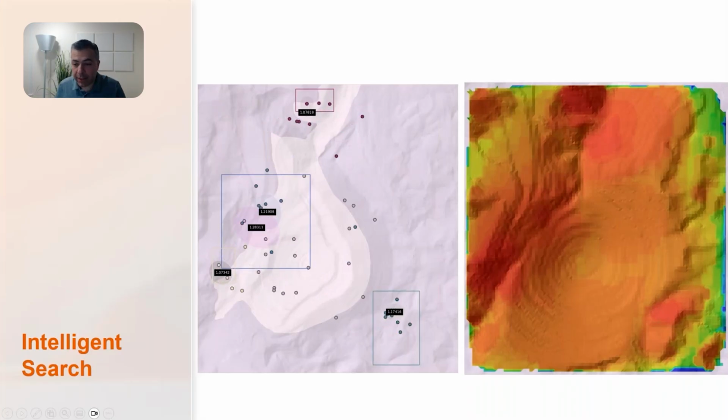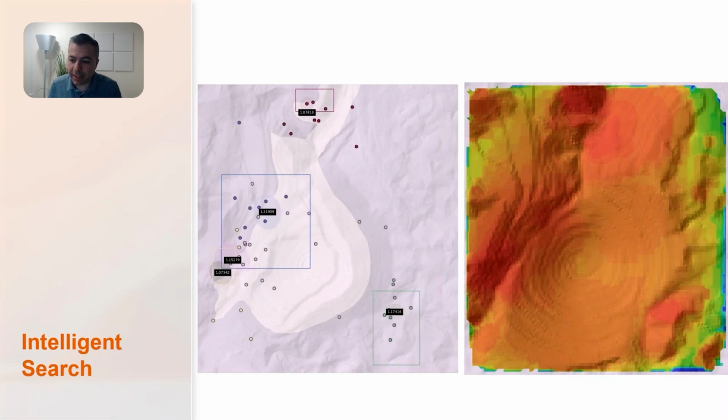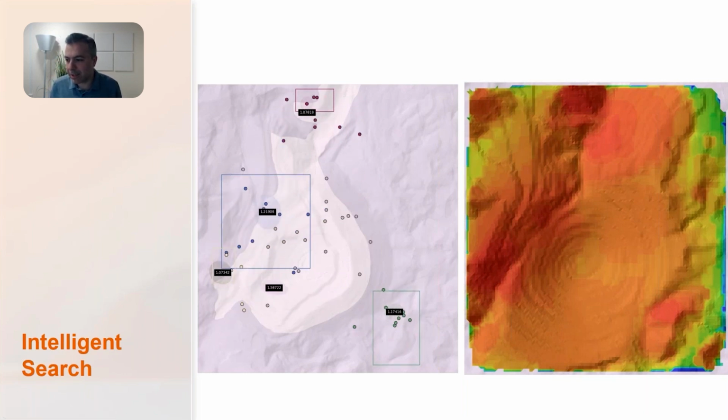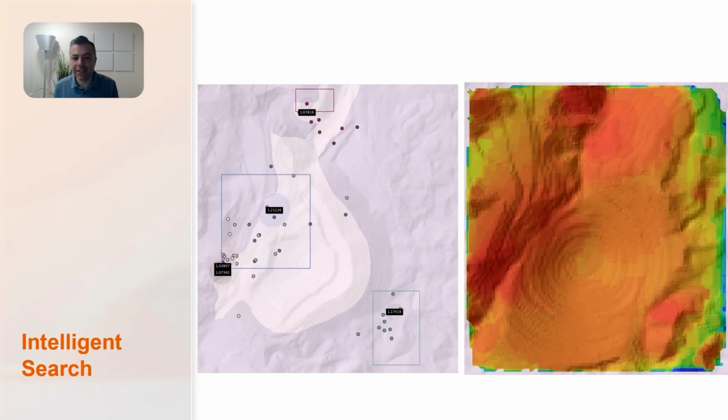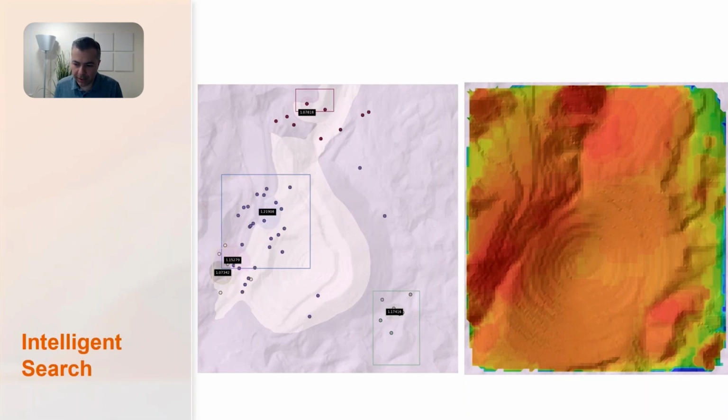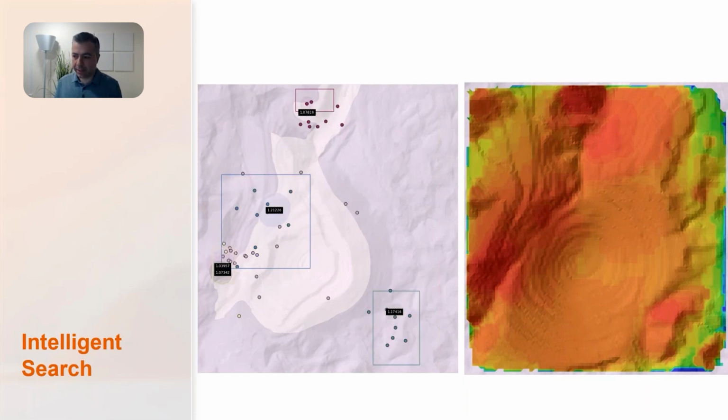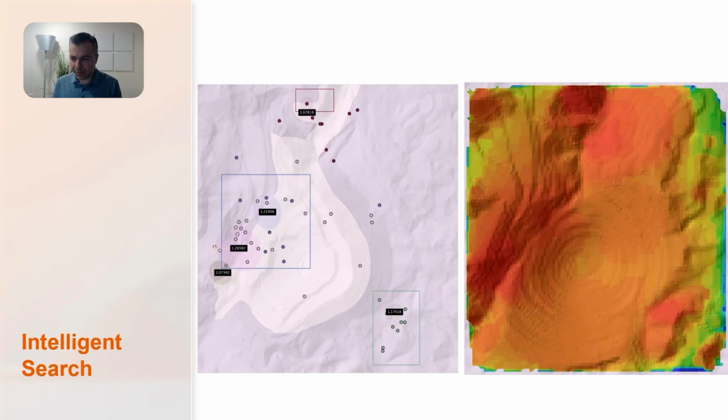So recently, block model is the second big feature that we released since the beginning of this year. And the first one was called Intelligent Search. Intelligent Search is an AI search method and is designed for better and more comprehensive search of big models.